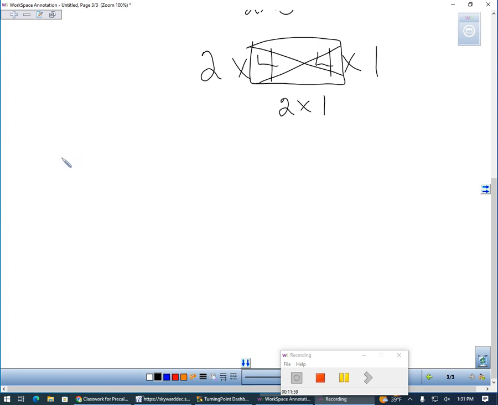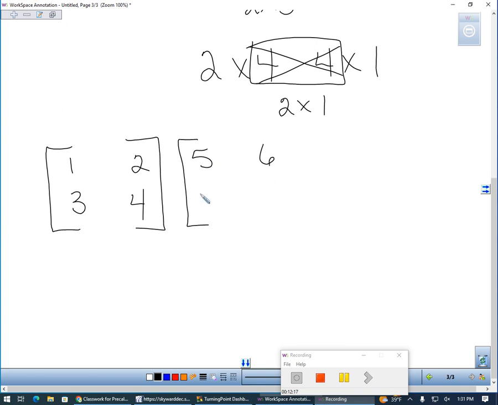If I am multiplying, we're going to do an easy one to start with. Let's say I have 1, 2, 3, 4, and I'm going to multiply that by, let's go 5, 6, 7, and 8. This first one is a 2 by 2, 2 rows by 2 columns.